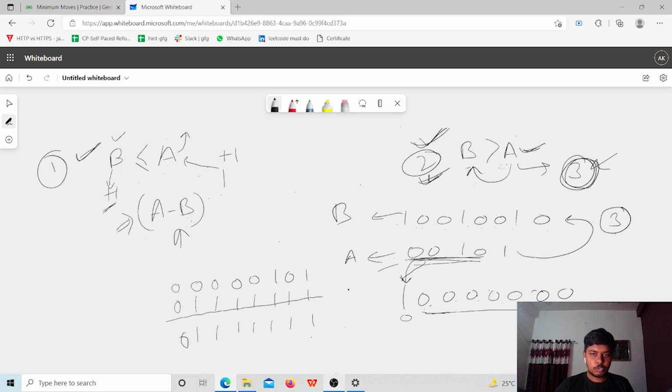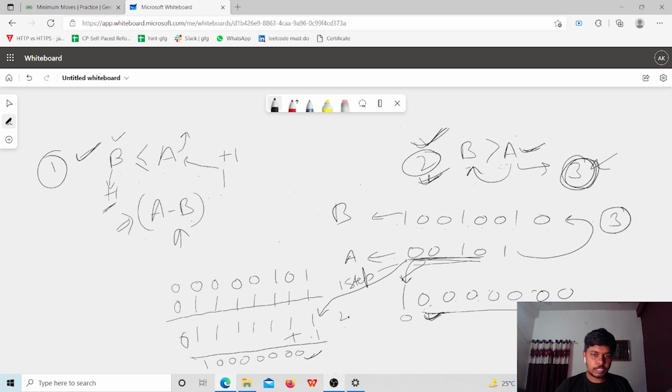So I have converted this to this one. Now if I do +1, this was the first step, it will be converted to 1 0 0 with 7 zeros, 3 4 5 6 7. So I have made this number which I was talking about.